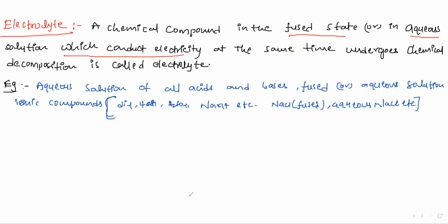That all are called electrolyte. Fused means a molten state. Not only liquid, not only solid. For example, it will be like toothpaste. That is called fused state. Semi-solid we can call it. Fused is nothing but semi-solid.